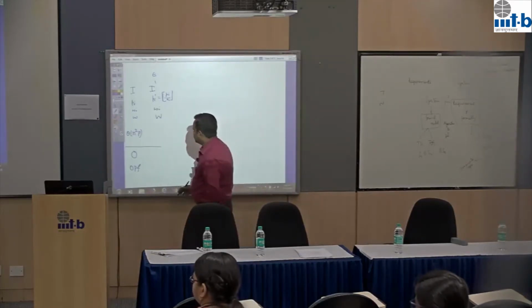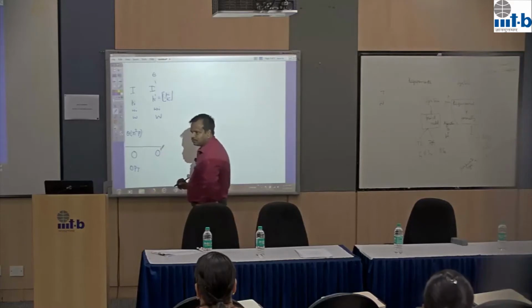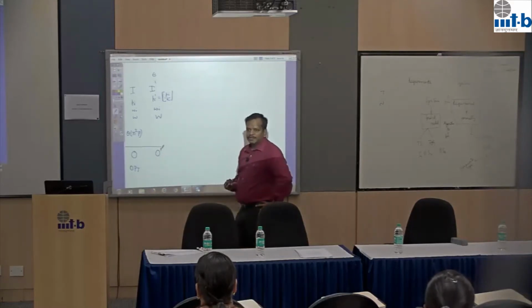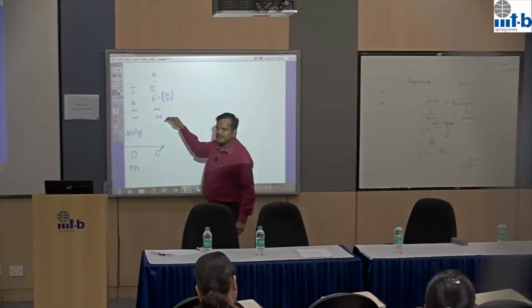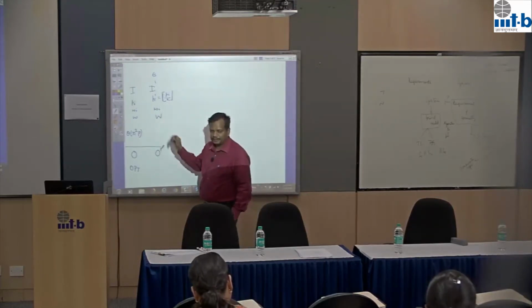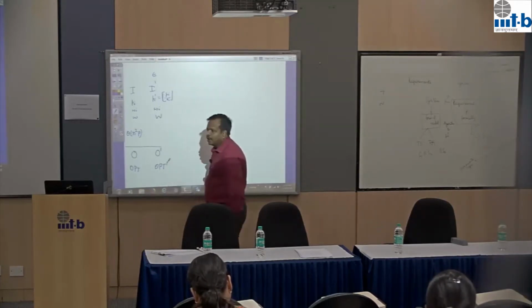That's the definition. Let's define O dash: if I give you the rounded instance, what is the maximum profit that you can make? Opt dash is the value for it.